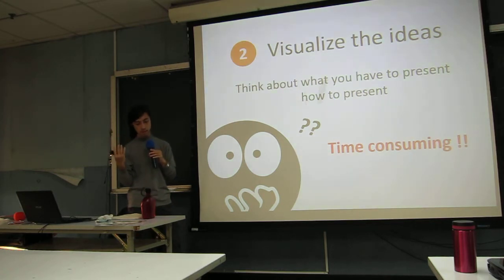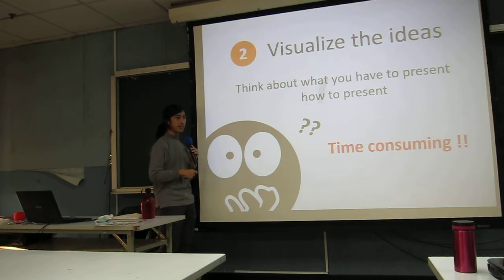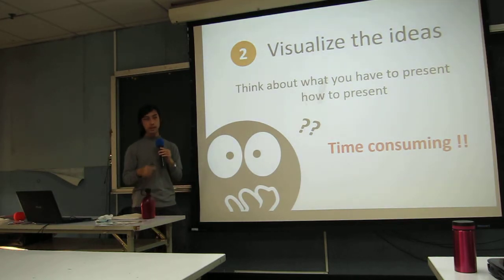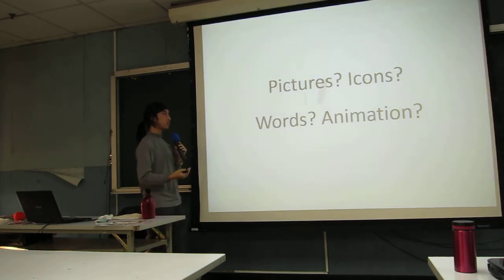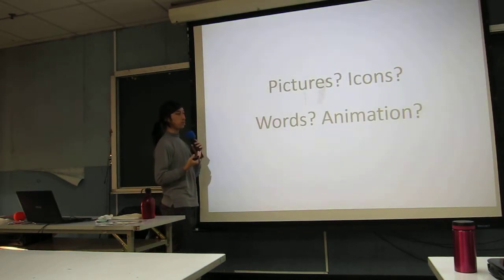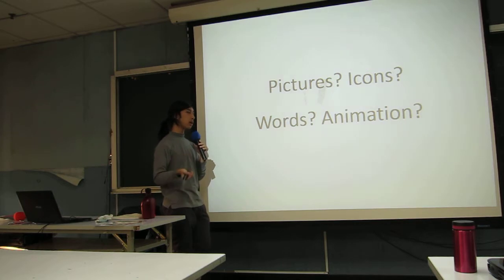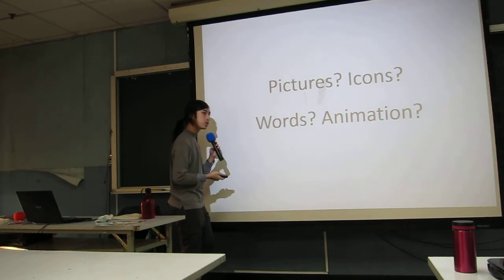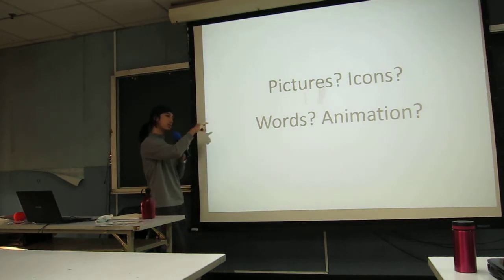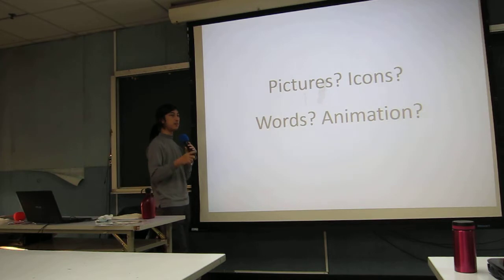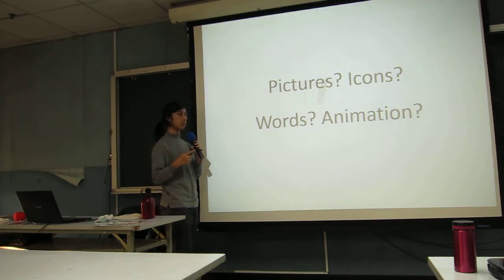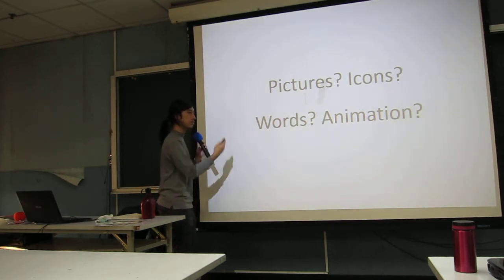You have to think, how should you visualize your idea? And in this process, you have to notice several things. Do I want to use pictures or icons? How should I manage my words? Or do I have to use any animation? All the skills I presented in the first part, basic skills, you have to consider these things.